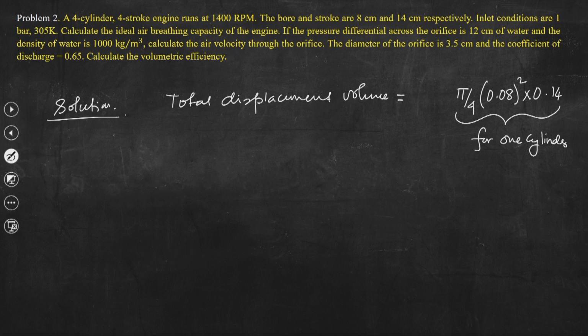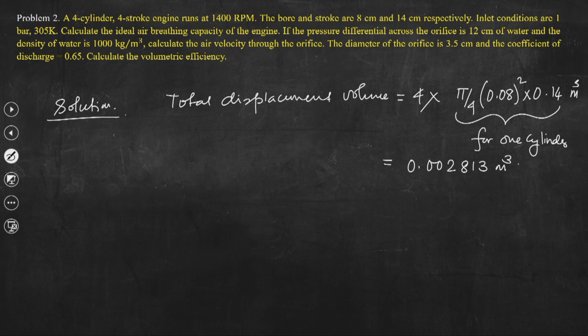If we multiply with 4, then it would be the total displacement volume. Okay. So if you calculate it, the quantity that we will get is 0.002813 meter cube. So this is the total displacement volume.